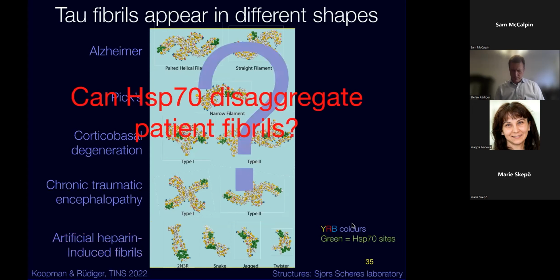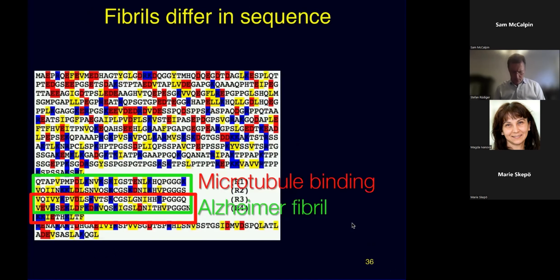So that's our question. Can HSP70 chaperones disaggregate patient fibrils? The question is also quite justified when we look at the patient material, at what part of tau is in the patient fibril. We see that the actual Alzheimer's fibril is only a part of the microtubule binding domain.